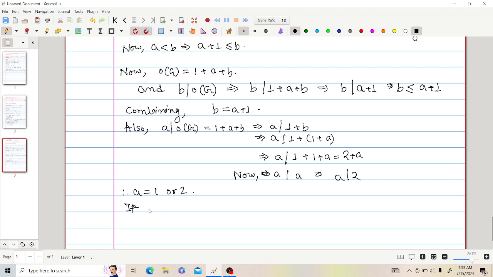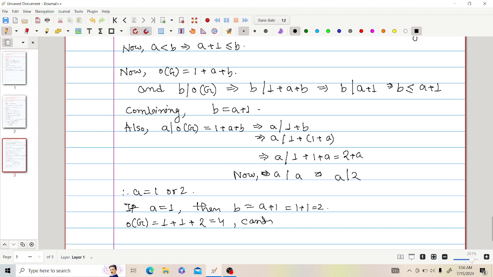Now if A is equal to 1, then B is equal to A plus 1, which is equal to 1 plus 1 is equal to 2. So what is the class equation? Class equation is 1 plus A is 1 plus B is 2. This implies order of G is 4, a contradiction.